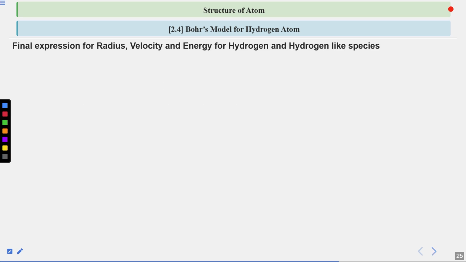Now, just put all the values of constants and you will get your radii final equation. So this is the radii that we will get: 5.29 into 10 to the power minus 11. So this was the value that we were getting earlier. Now it is in meters. Second thing is energy.